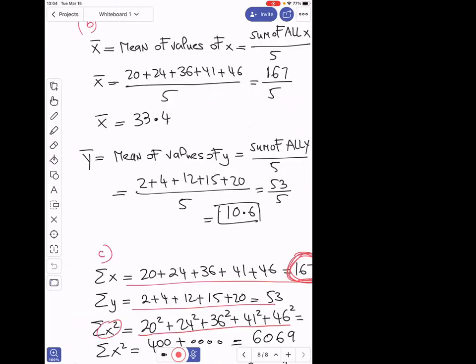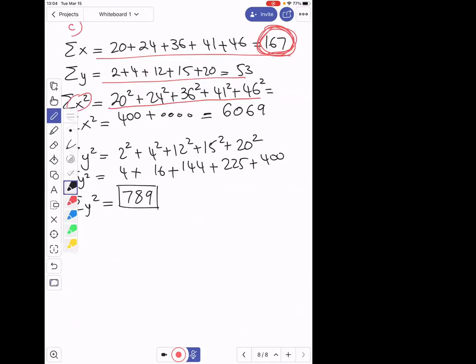Anyway, so then we have the sum of the x times y. So we need to multiply each x with the corresponding y. The first x is 20, so we multiply by its corresponding y, which is 2. Next x is 24 by 4, plus.